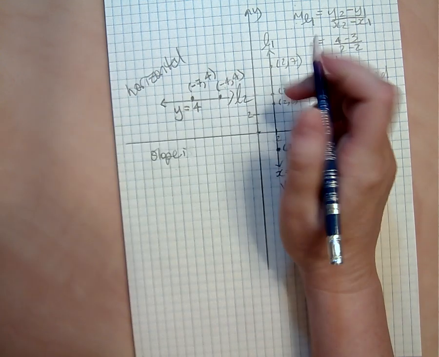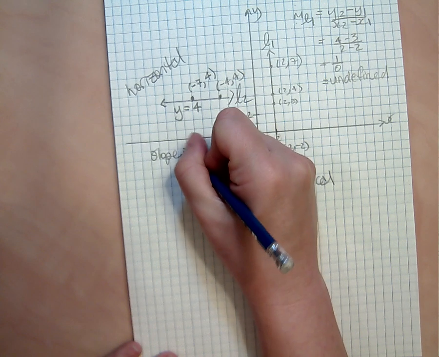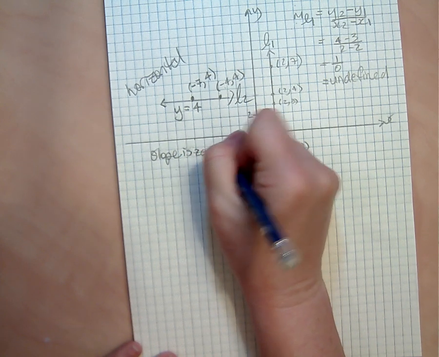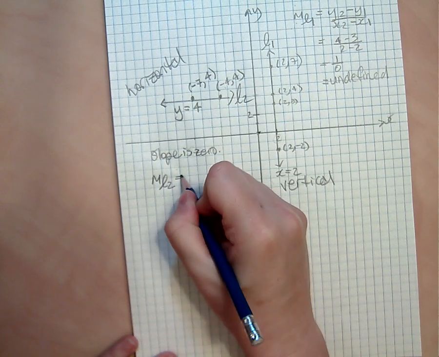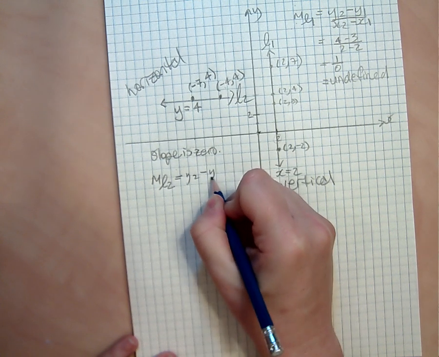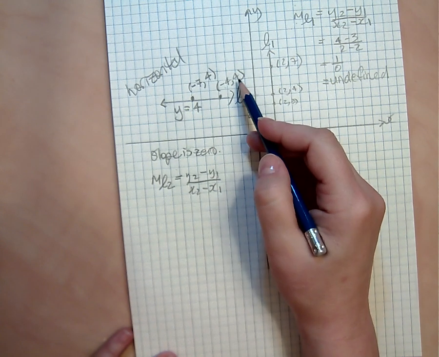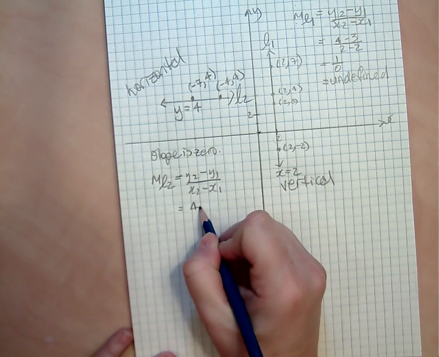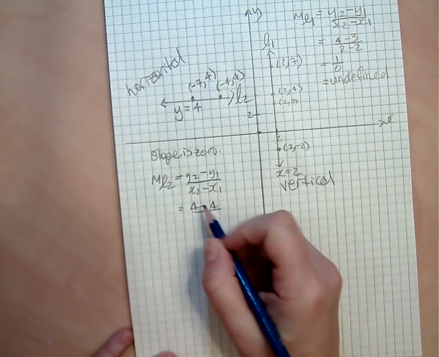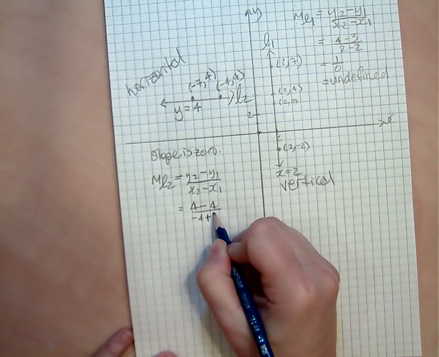So you start writing out slope equals y2 minus y1 over x2 minus x1. So we have here the slope of line 2 is y2 minus y1 over x2 minus x1. And let's plug our points in. So 4 minus 4, and then minus 4 minus minus 7.